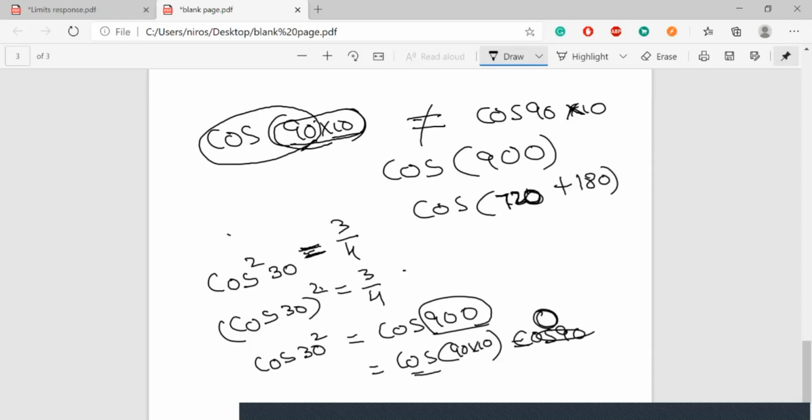As we know before, any angle, if it rotates one complete circle, again it comes to the same value. So 360, 720, again two complete angles. This equals cos of 180 itself.